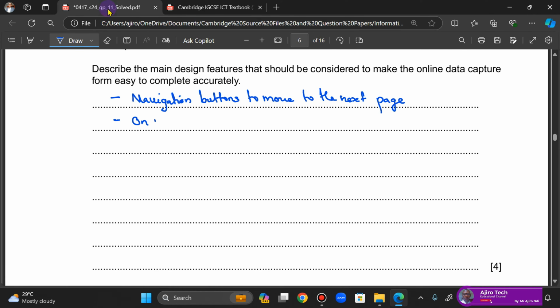The next one is help, right here, on-screen help when completing the form. So we have the on-screen help button to get help with filling in the form.